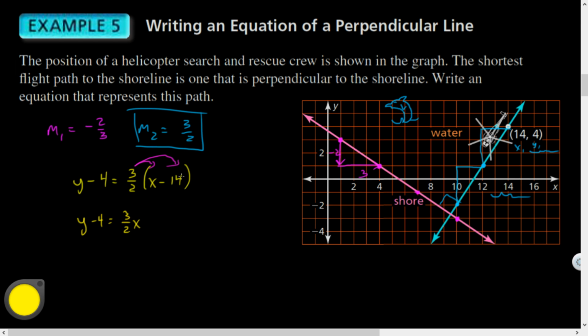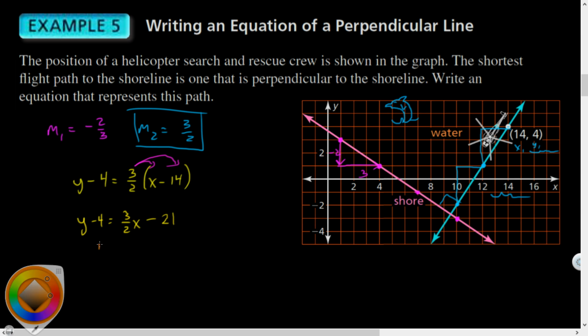So instead, let's do 14 divided by 2 and then multiply by 3. What's 14 divided by 2? 7. And 7 times 3? 21. 7 times 3 is 21. And this 14 was negative, that fraction was positive, so it's a negative outcome.